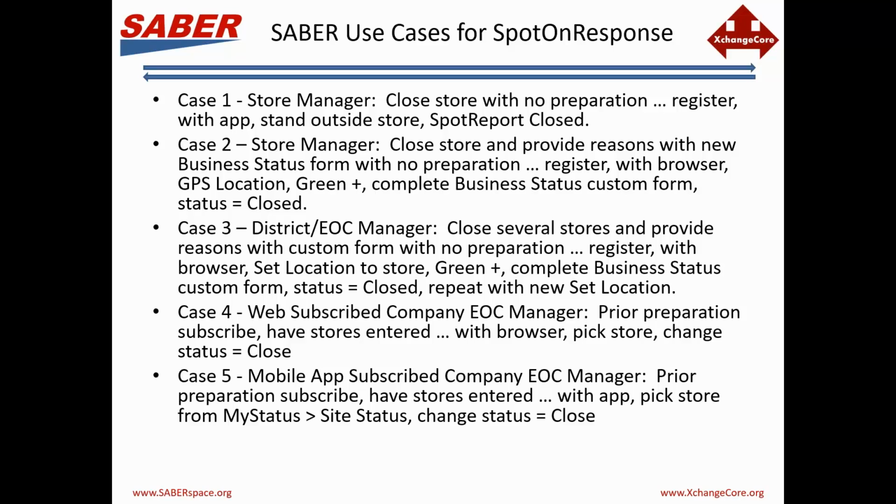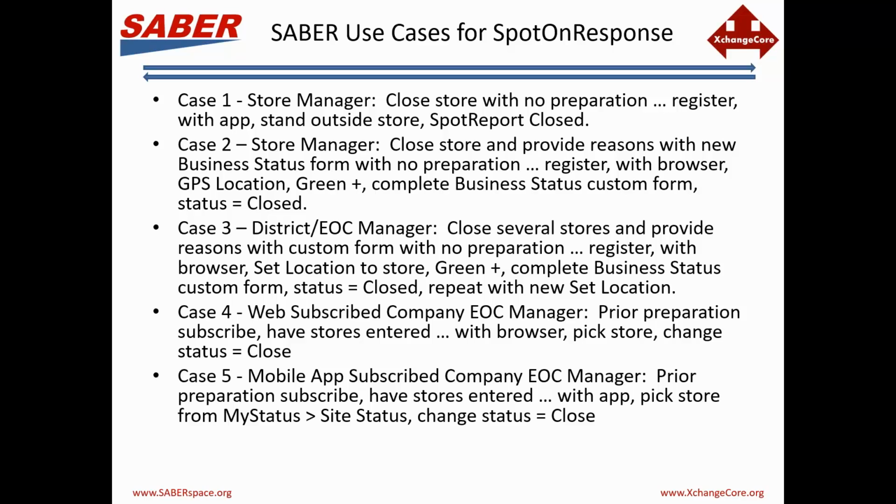The second one provides more information that we'll show you as part of the SABER business status form. The third one is someone doing lots of different stores drawn together. The fourth one is what happens if a company subscribes to SABER and installs all of its stores inside of the tool and is able to provide that information.